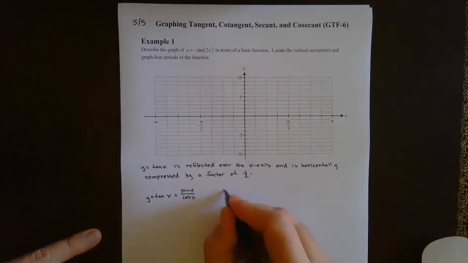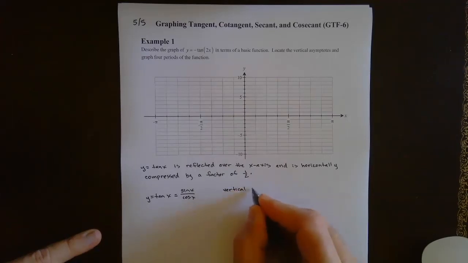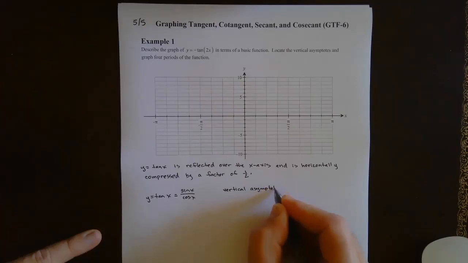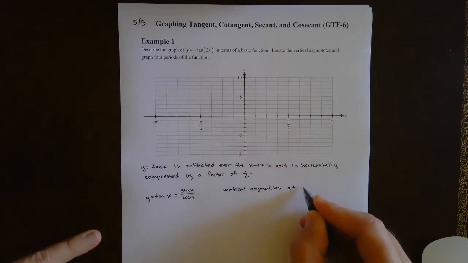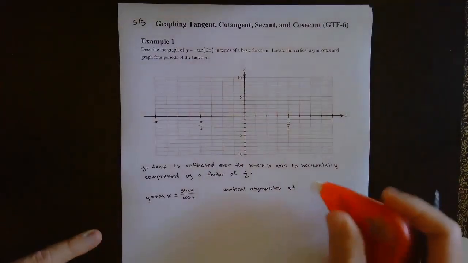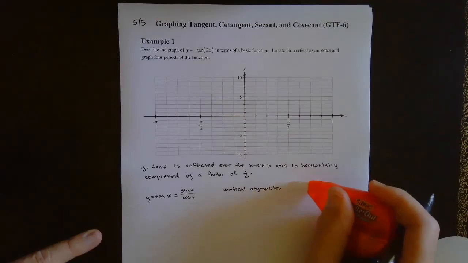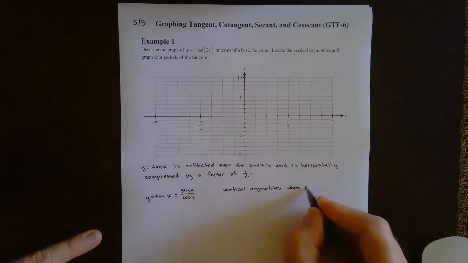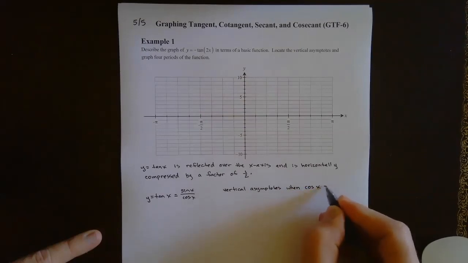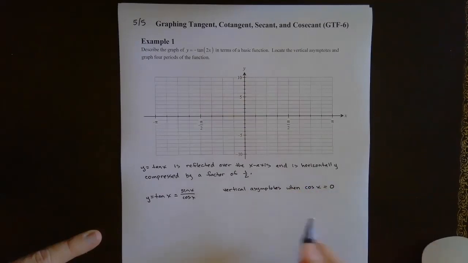So we're going to have vertical asymptotes when, I should say when, not at, when cosine of x is equal to 0. Okay, so we can figure that out kind of quickly, okay?